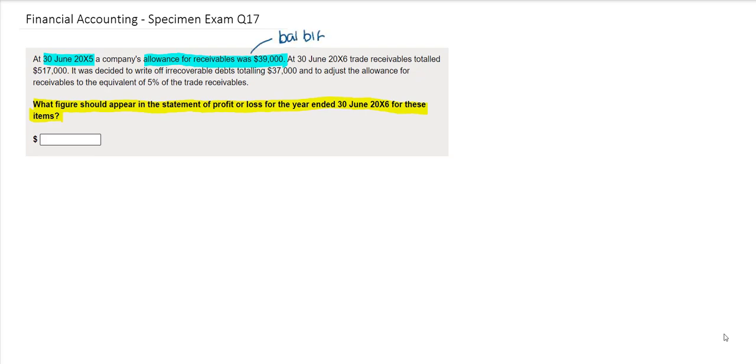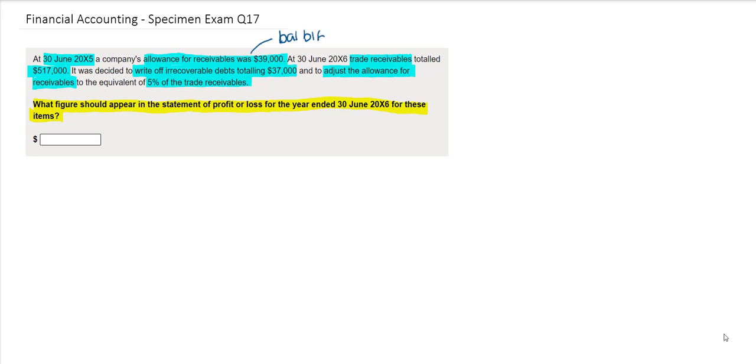It then gives us the trade receivables amount for the year, which totals $517,000. They then tell you that it's been decided to write off irrecoverable debts totaling $37,000, and then to adjust the allowance for the receivables to the equivalent of 5% of trade receivables. There is quite a lot going on within this information, and so it's a good idea to set out what we need to do.